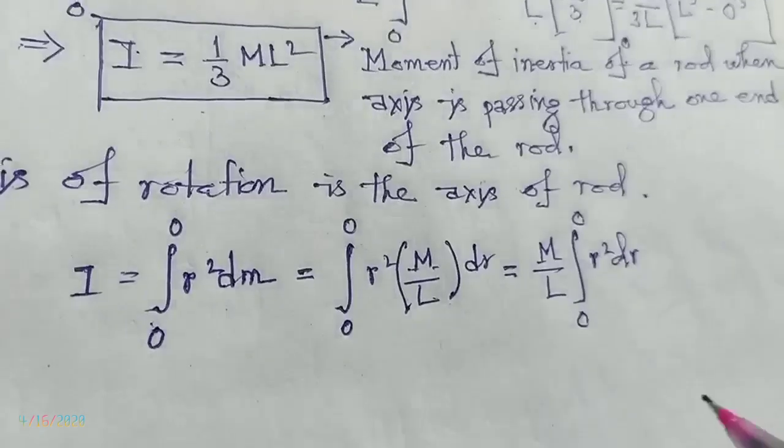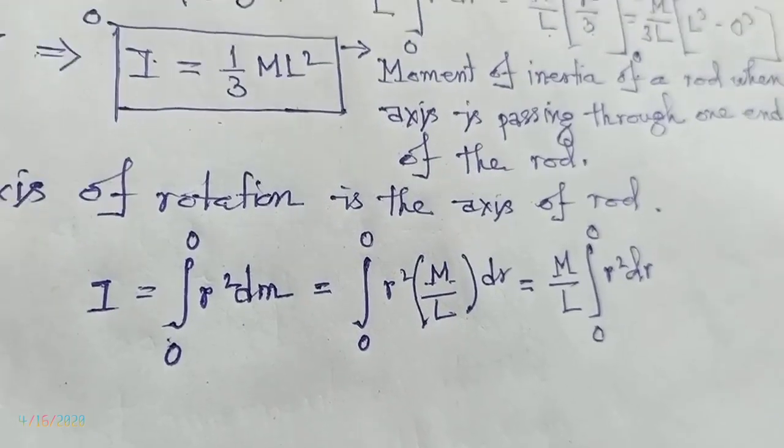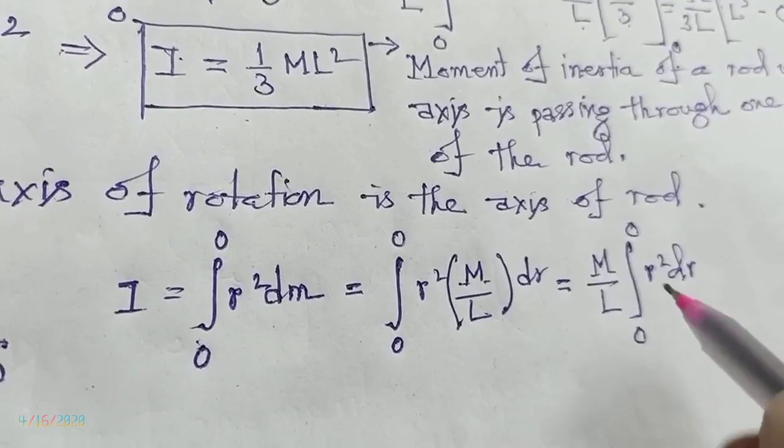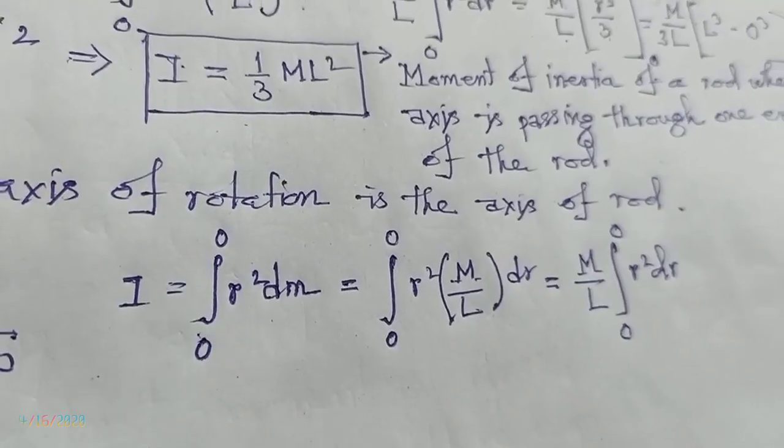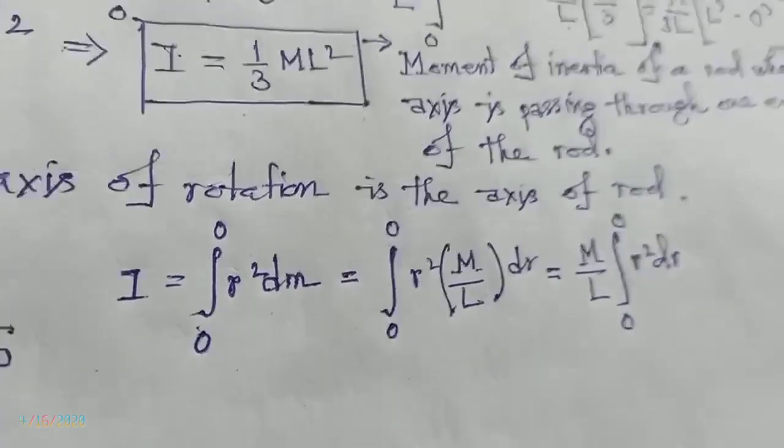This is the limit. So from any integral, if the upper limit and lower limit both are same, then its integral value will be 0.